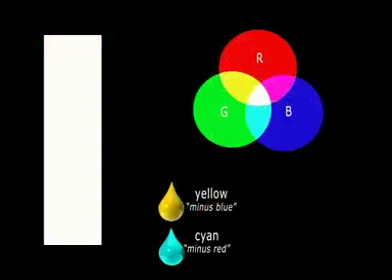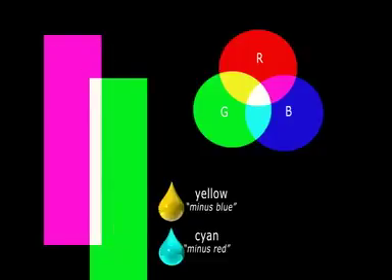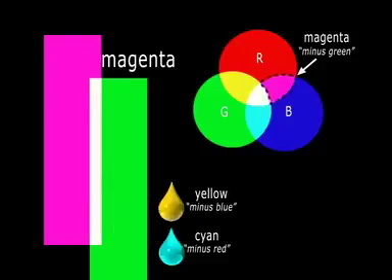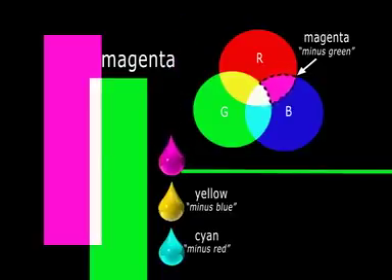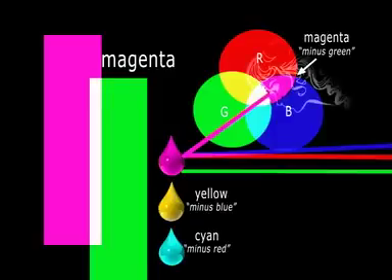And if you subtract out the green, the white is gone, and you get this sort of pinkish color called magenta. When a pigment eats the green but rejects the red and blue light, you see a pinkish color often called magenta. In fact, magenta is often referred to as minus green.